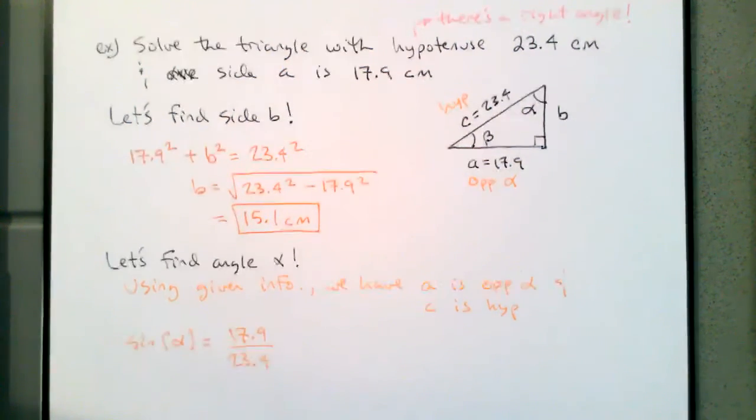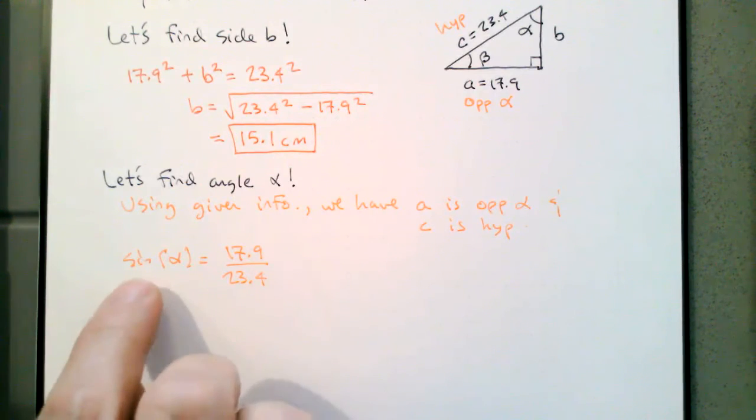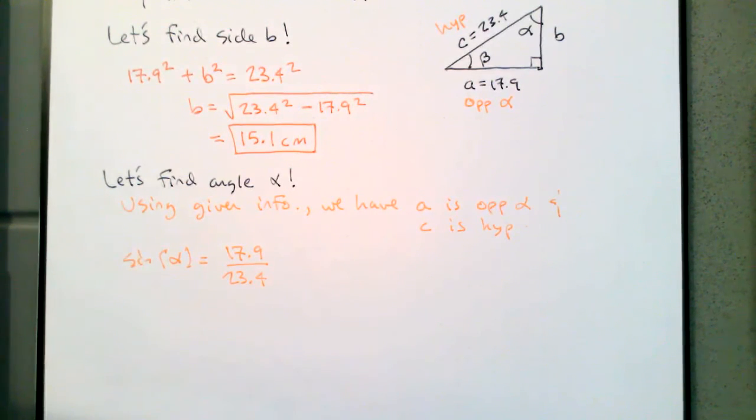And now we've come to the important skill that we need in this new version of the problem. Now we're using a trig function to find an angle. But the angle is inside the sine function, inside the trig function. So we need to use inverse trig functions to find an angle.